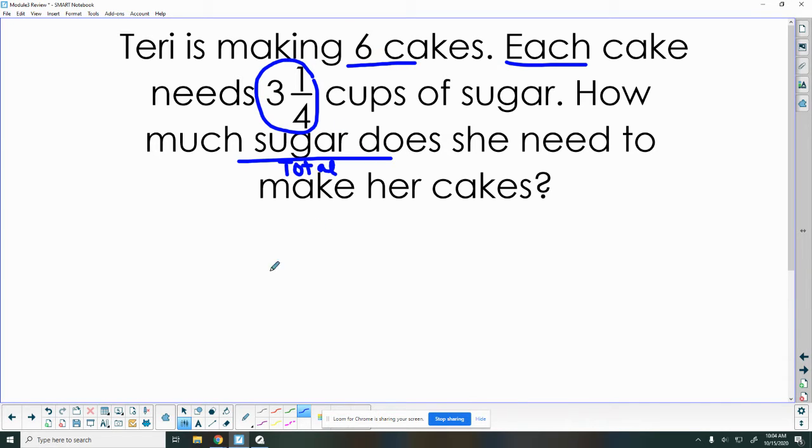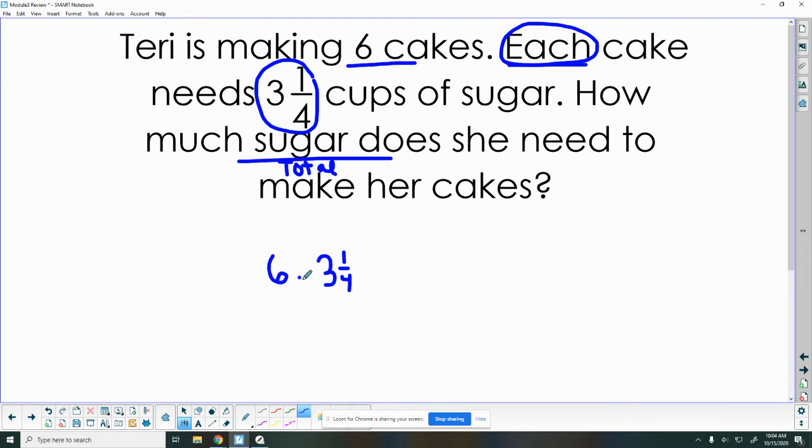So I know she has 6 cakes that she needs to make, and each cake needs this much, and I want a total. So I could do 3 1/4 plus 3 1/4 plus 3 1/4, and I could do that 6 times. An easier way when I'm hearing repeated addition is to multiply by 3 1/4.